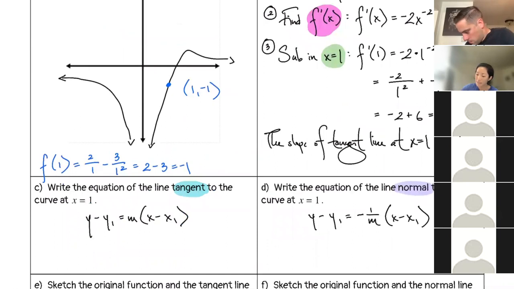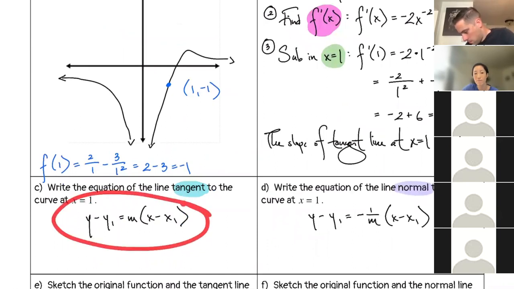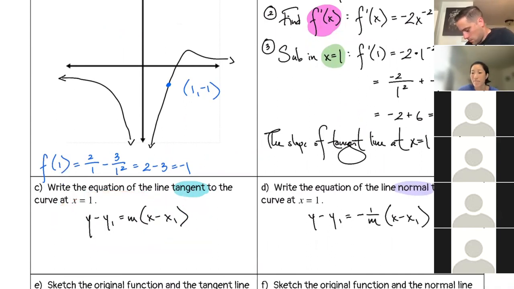All right. Take a moment, plug in the appropriate information into this equation for the tangent line. Go ahead and type that into the chat.